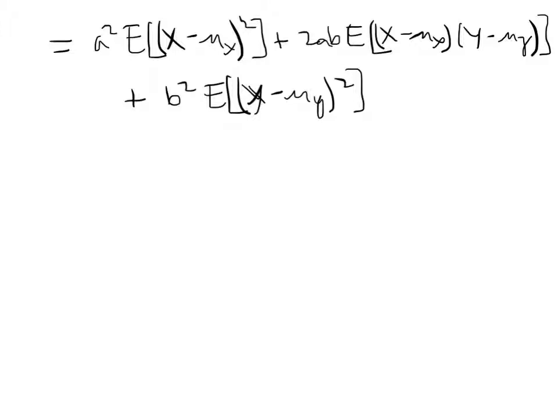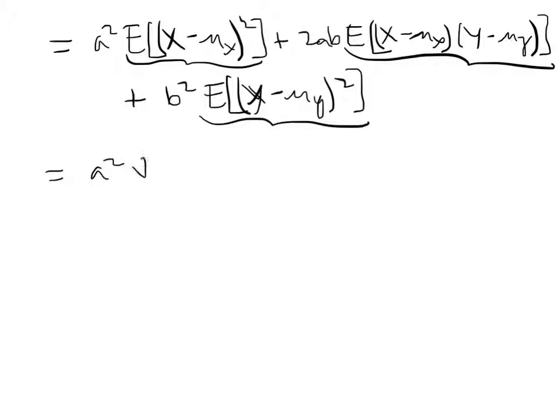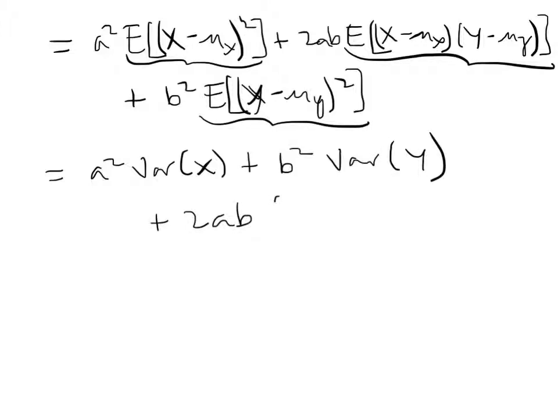And like I said, this is variance of x, this is variance of y, this is the covariance of x and y. So this is equal to a squared var x plus, and I'm going to add in the last term first just to keep the sequence the same as in the previous slide, plus 2ab cov xy.